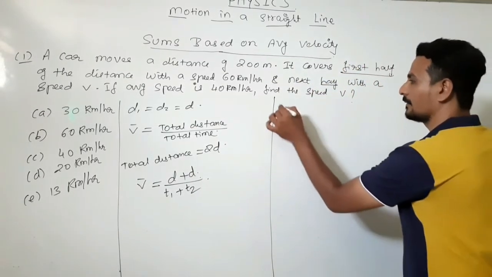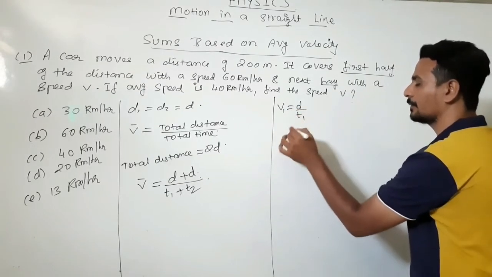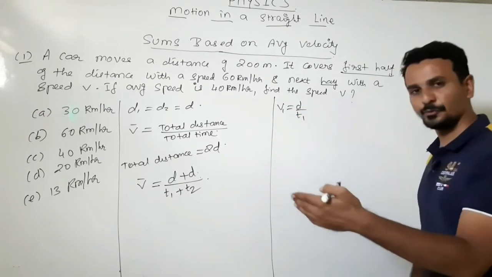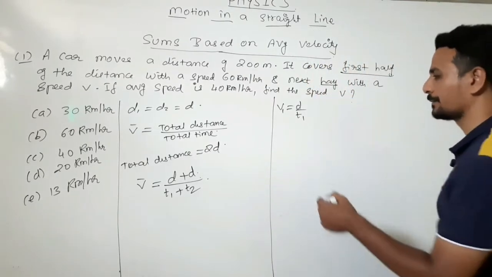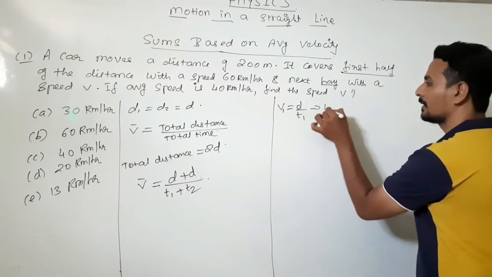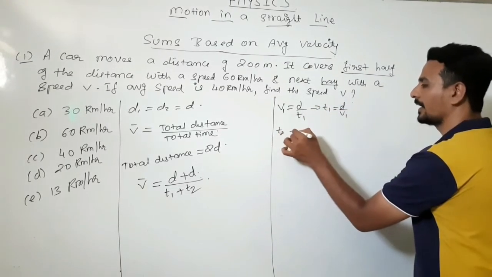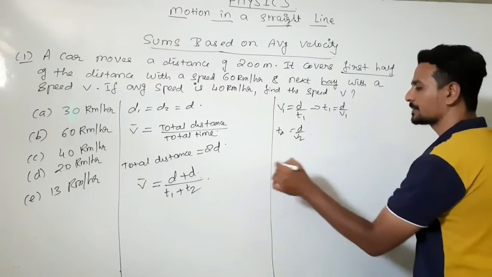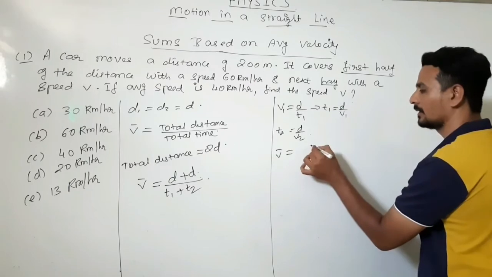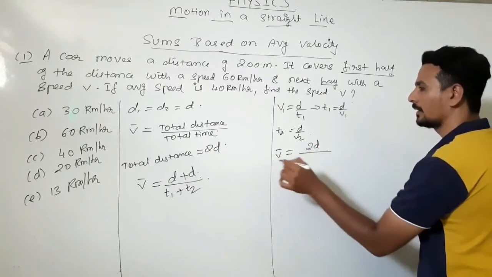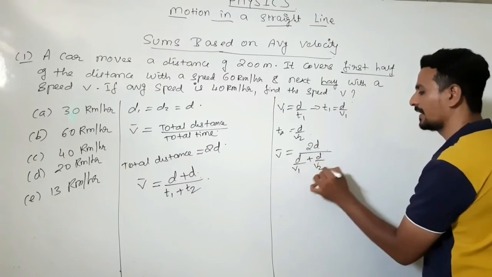Now we know that v1 is d by t1. Speed is distance by time, velocity is displacement by time. When the car is moving in one direction, velocity and speed mean the same. So instead of t1, we can write d by v1. Similarly for t2, it is d by v2. Substitute in this equation: 2d upon d by v1 plus d by v2.